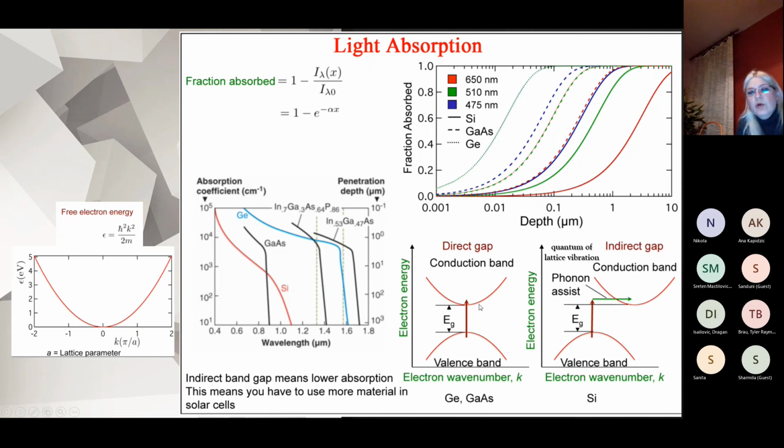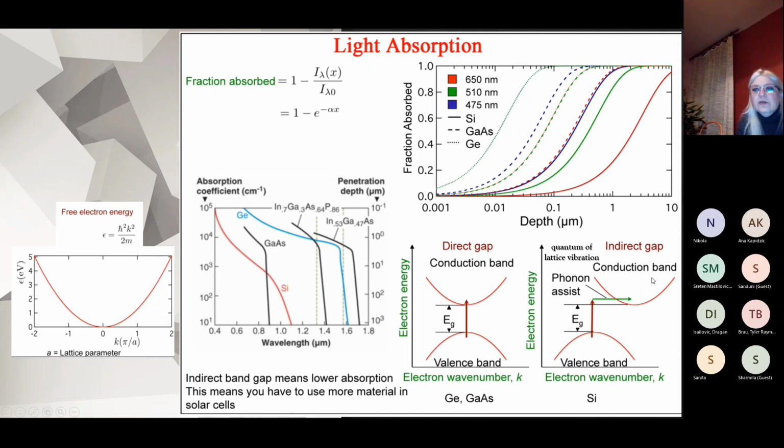But anyway, the bottom of the conduction band and the top of the valence band will have the same momentum here. So when we use photons, the electron from the valence band can quite easily go into an available electronic state in the conduction band.